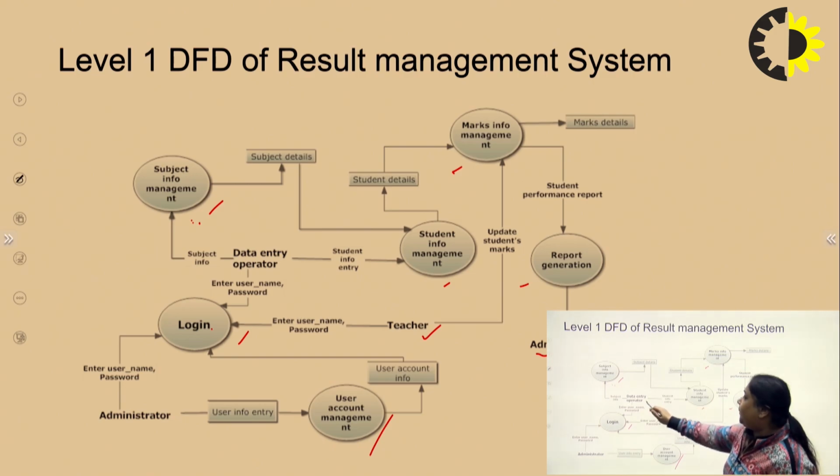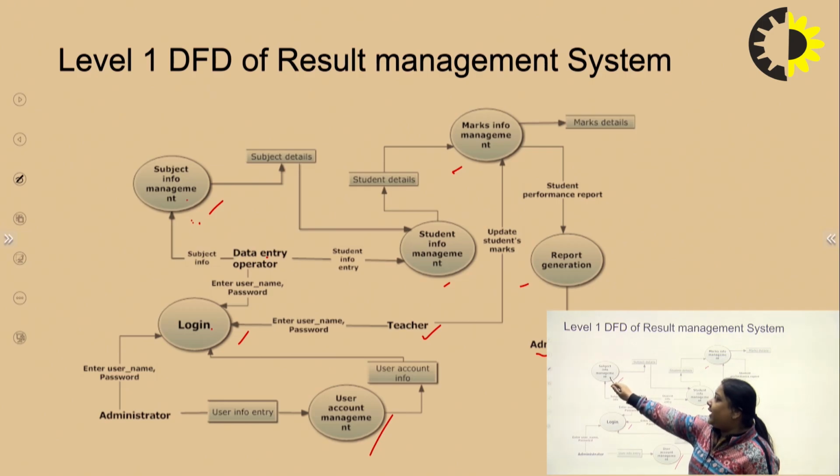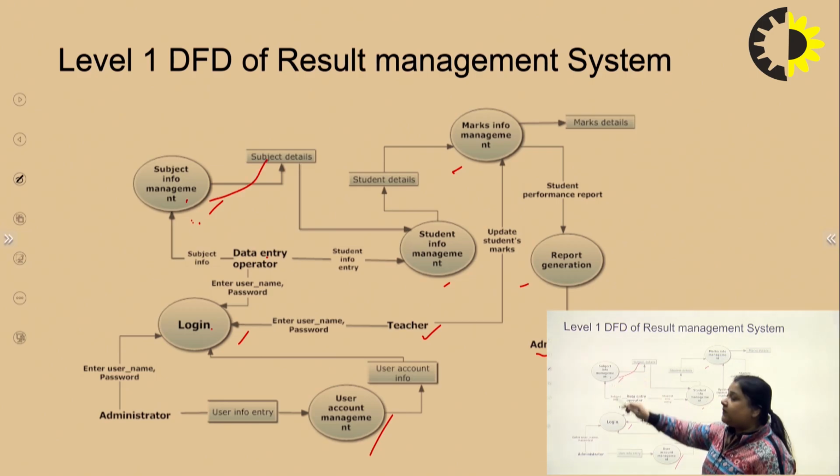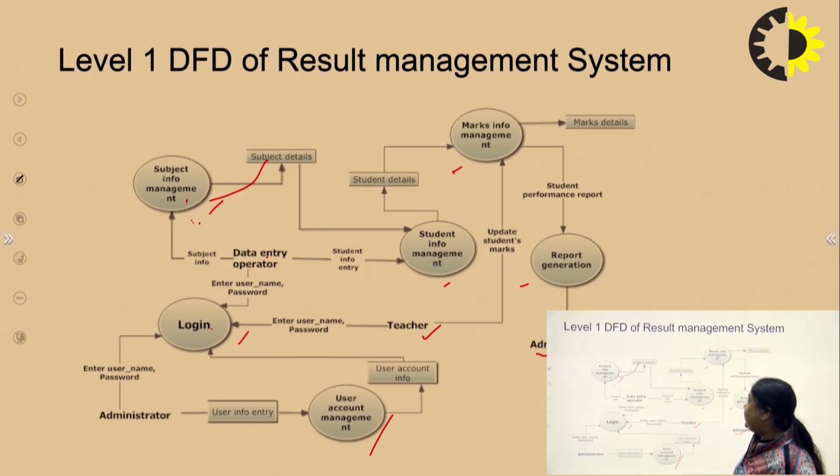The data entry operator can enter subject information, and with the help of this he can have all subject details, and these details can be managed: info management, marks information management, and in this process they can have the mark details.